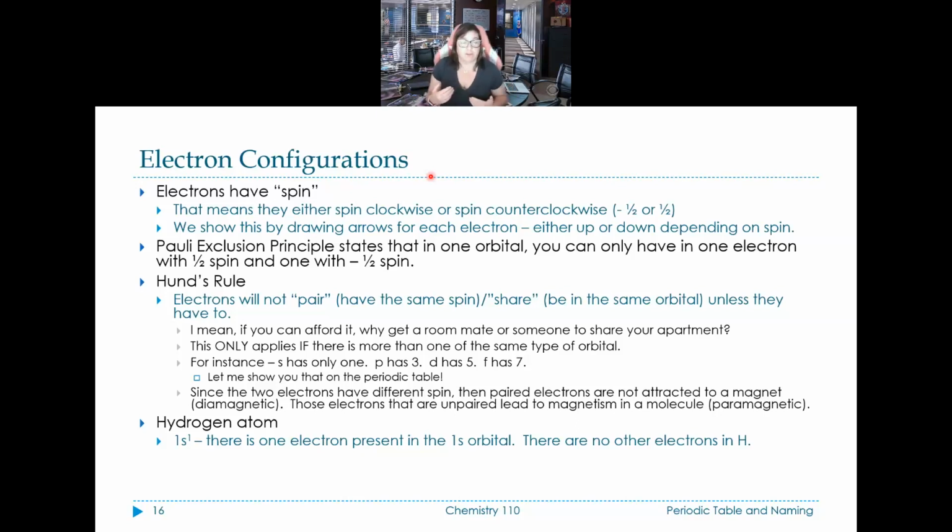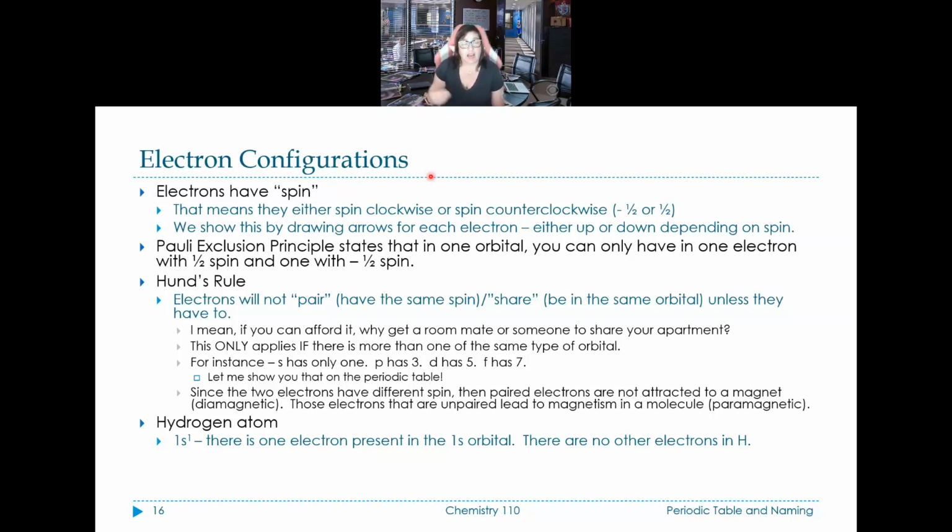Unless there is no way for them not to pair, they're not going to pair. That only applies if there is more than one of the same type of orbital. So when we talk about those P's, we're going to get 1 in the PX, 1 in the PY, 1 in the PZ. Then we'll get 2 in PX, 2 in PY, and 2 in PZ.